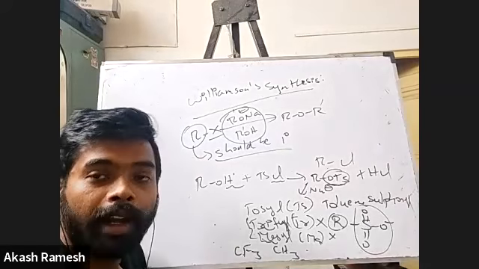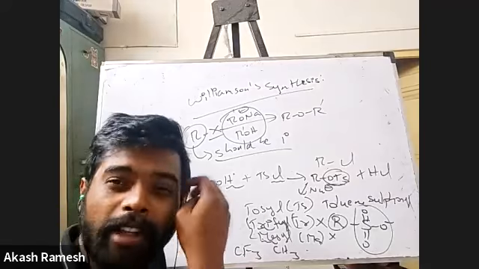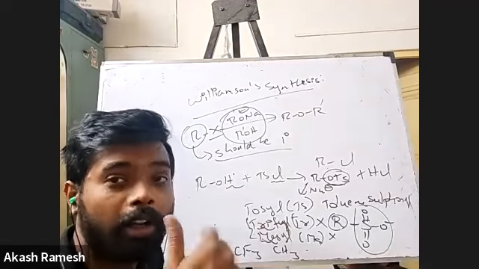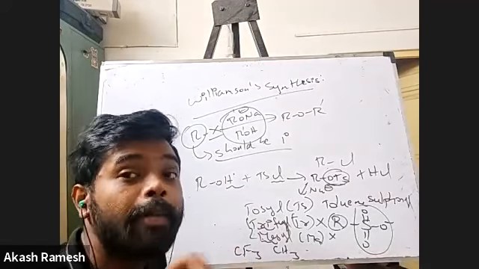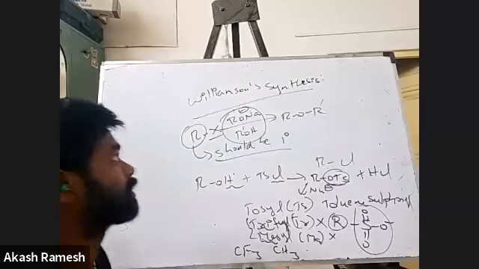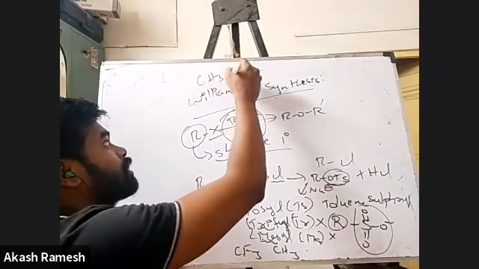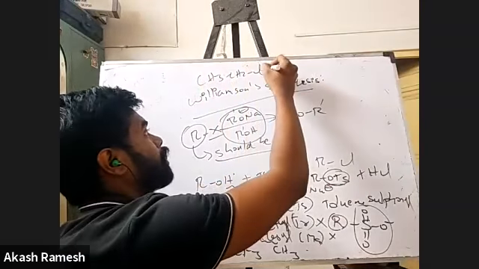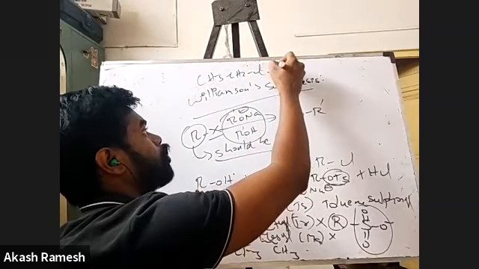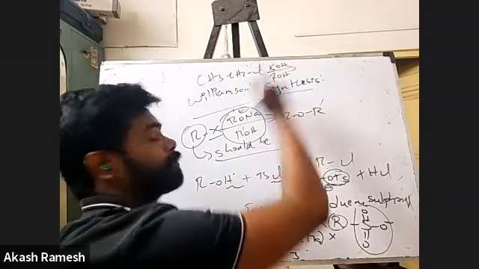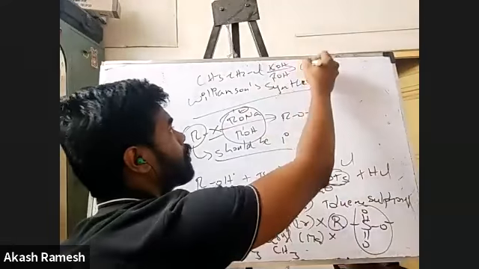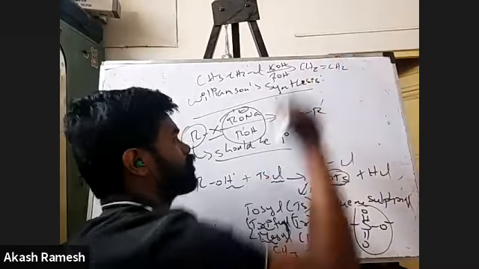So when I have a base, say for example alcoholic KOH, what happened? I had elimination reactions happening. Say for example if I had CH3CH2Cl, and if I go for alcoholic KOH, meaning KOH in the presence of ROH, what will happen? You will get CH2=CH2.